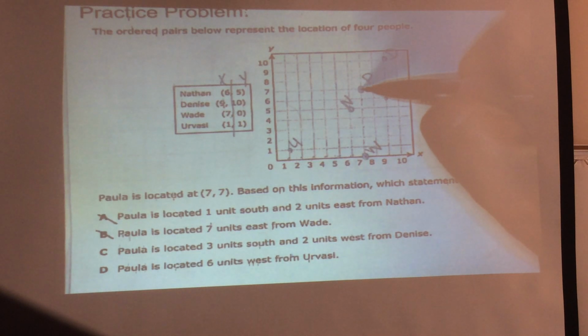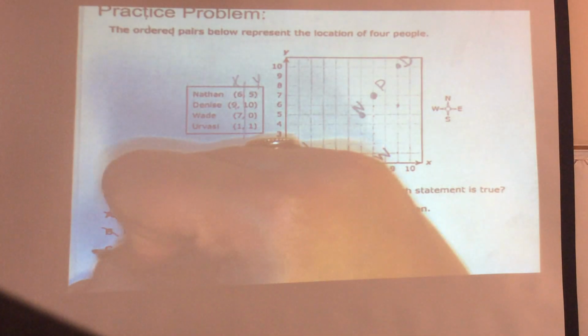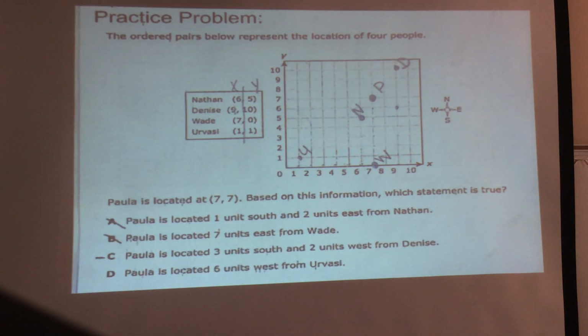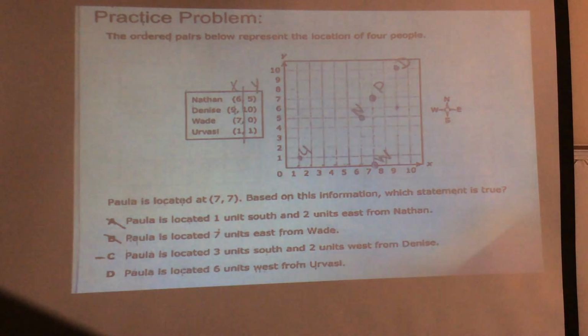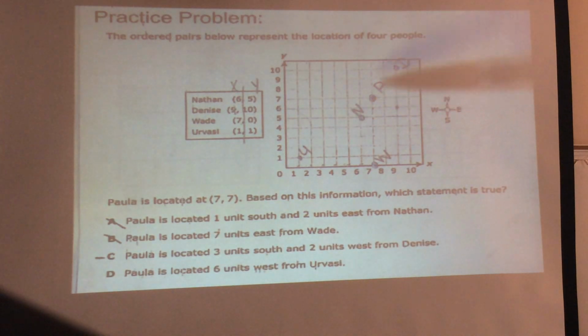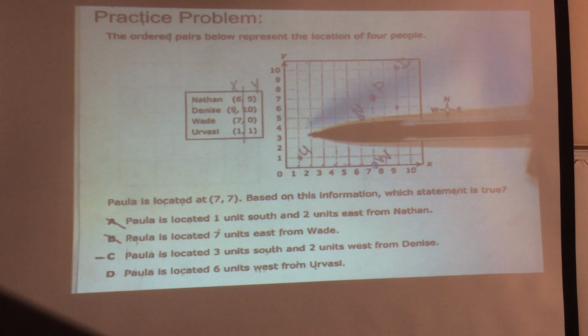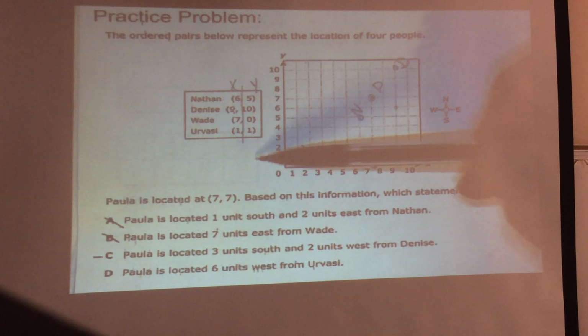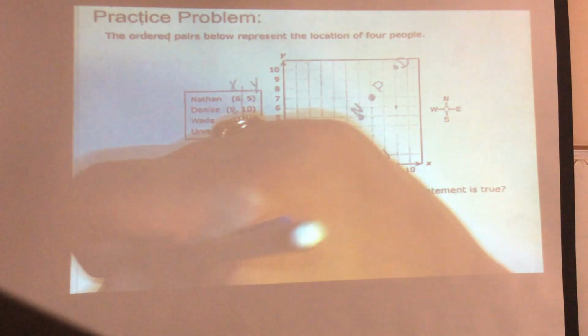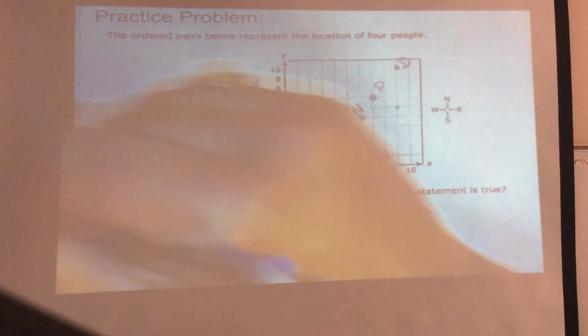There's Paula, so that's a possibility. Then it says Paula is located 6 units west from you. Here's Paula, or sorry, here's you. If I go 6 west, 1, 2, 3, 4, nope, not gonna work. My answer is C.